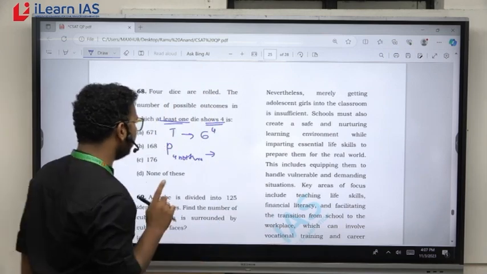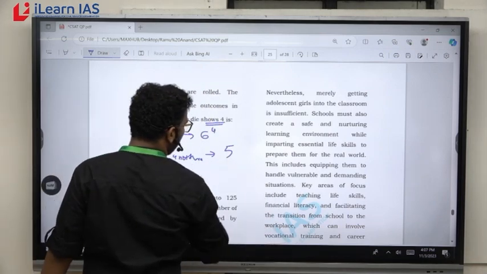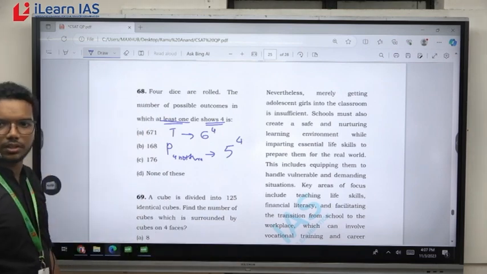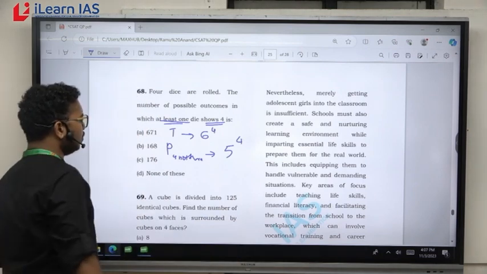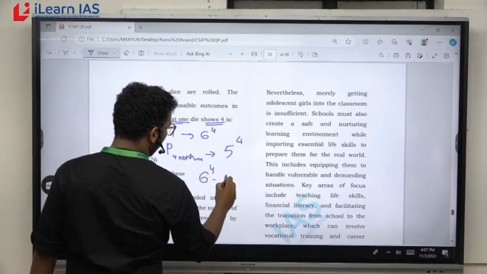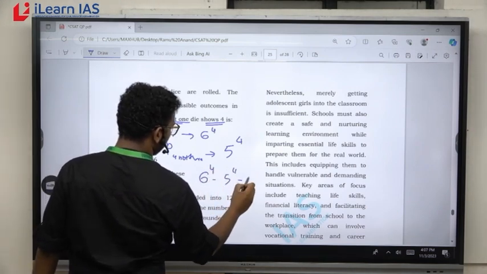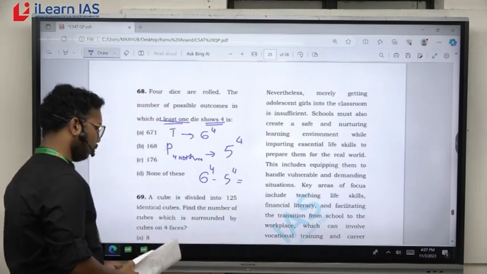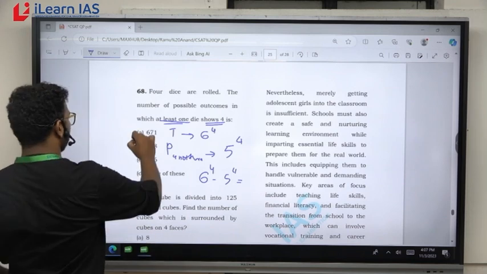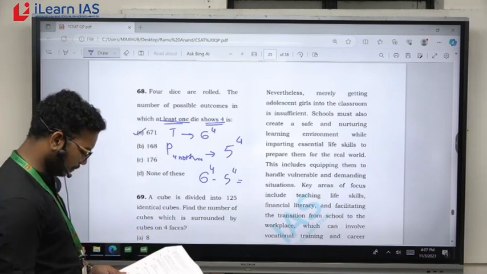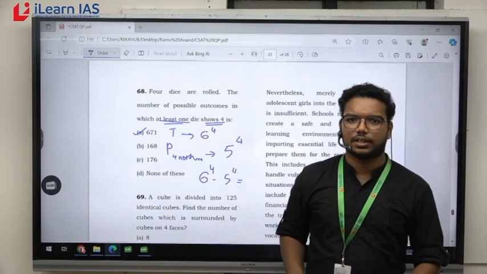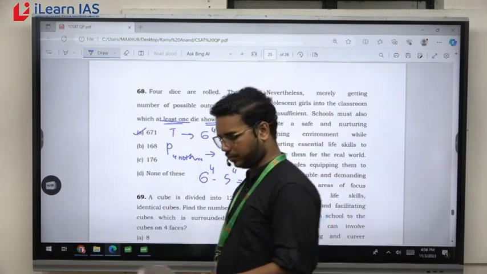So 5 പോസിബിലിറ്റി ഉണ്ട്. അങ്ങനെ 4 ഡൈസ് ഉണ്ട്. സോ 5 raised to 4. സോ നമ്മുടെ റിക്വയർഡ് പോസിബിലിറ്റി എന്താണ്? ടോട്ടൽ പോസിബിലിറ്റീസ് മൈനസ് പോസിബിലിറ്റി വേർ 4 is not there. So answer will be 6 raised to 4 minus 5 raised to 4. Answer is A, 671.